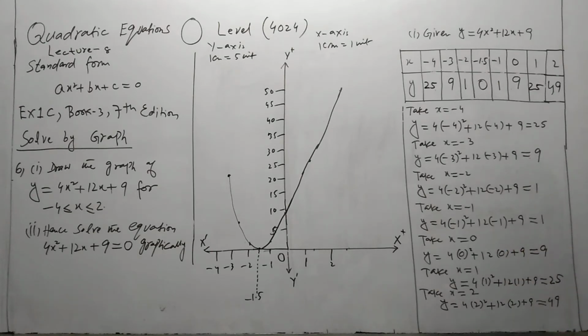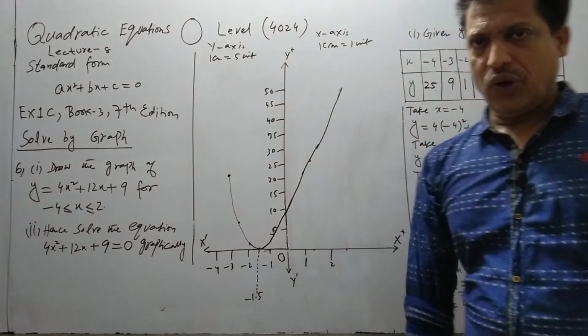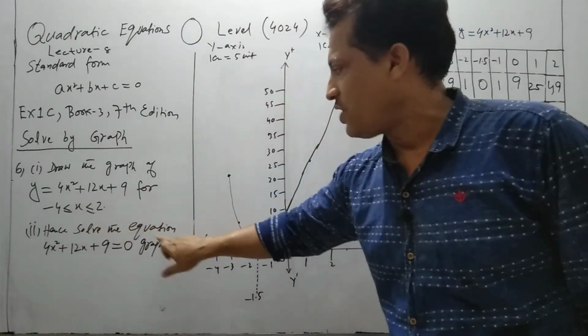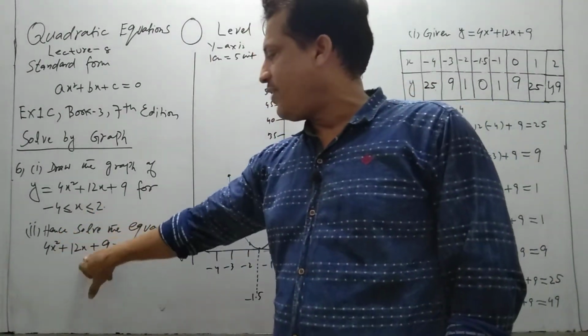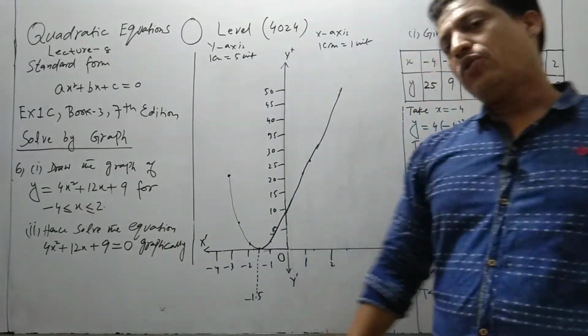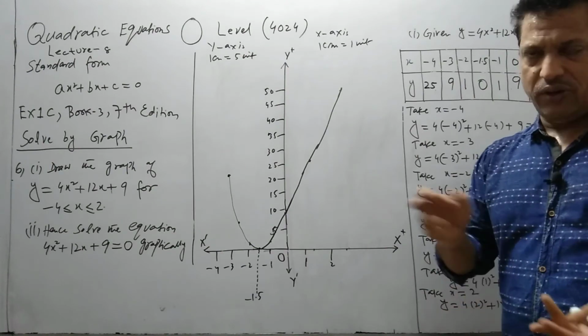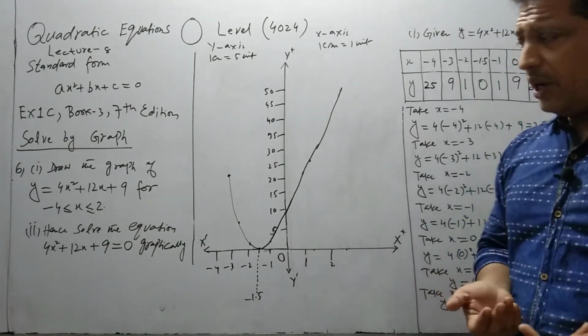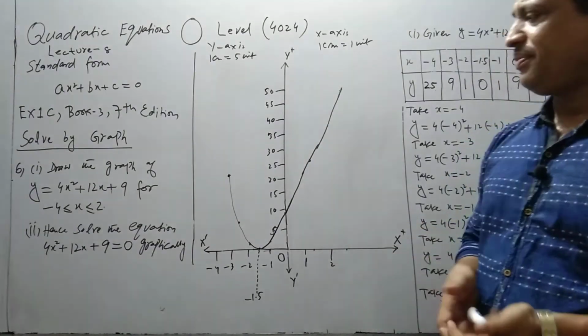This is our graph. Part 2 of our question is, hence solve the equation 4x square plus 12x plus 9 is equal to 0 graphically. You know we have so many methods: the method of factorization, the method of completing square, the method of quadratic formula, and the graphical method.